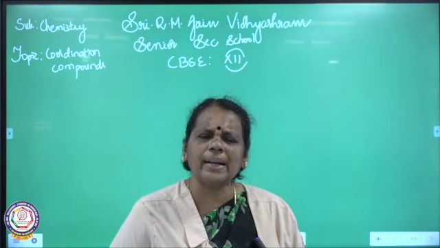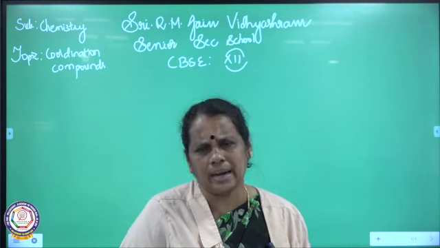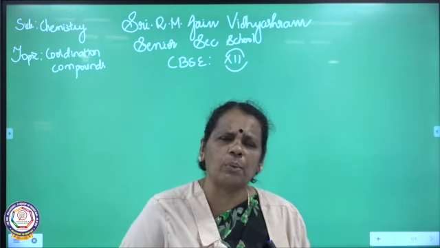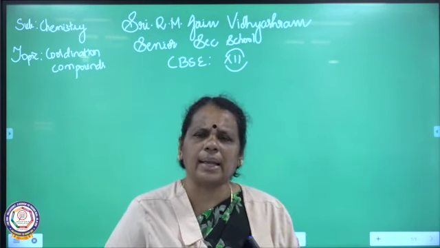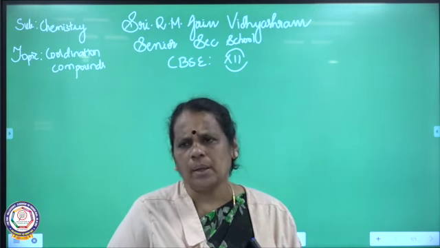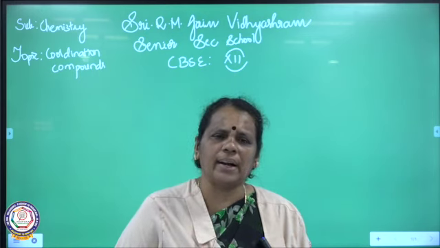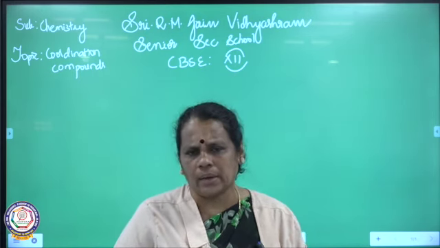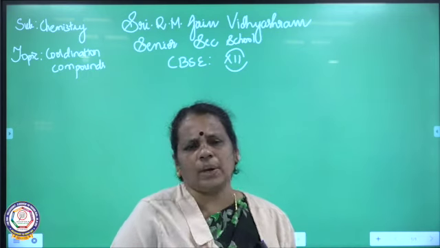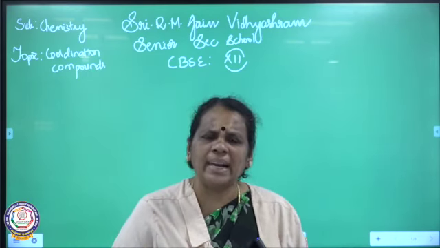One more example is ethylene diamine or ethane 1,2 diamine, where there are two nitrogen atoms donating 2 electron pairs to the central metal ion.